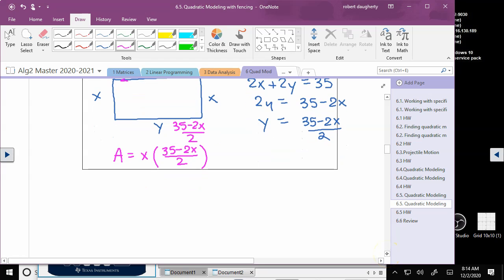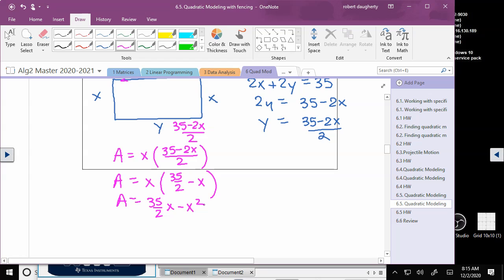So when you multiply all of this out, let's just go ahead and write this as area equals x times 35 over 2 minus x. So area is going to be 35 over 2 x minus x squared.